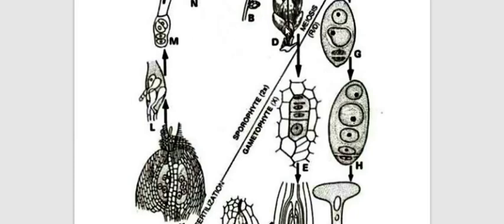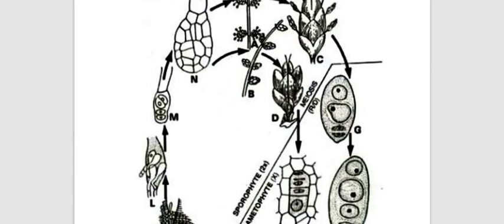In this embryo division occurs, and after division two cotyledons are produced, in the axils of which the plumule is produced.